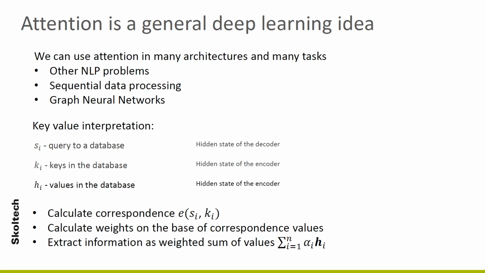Then we get the weights on the basis of these attention scores, these correspondences, and extract information as the weighted sum, with alpha as these normalized correspondences, over our hidden states, which are the values of the database. So we can look at attention as a way to get information from a database. You can apply it in any framework like this.